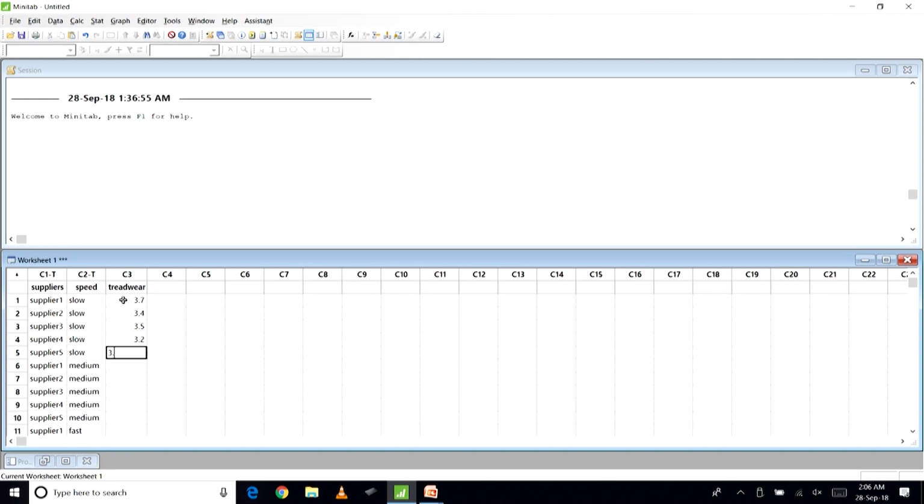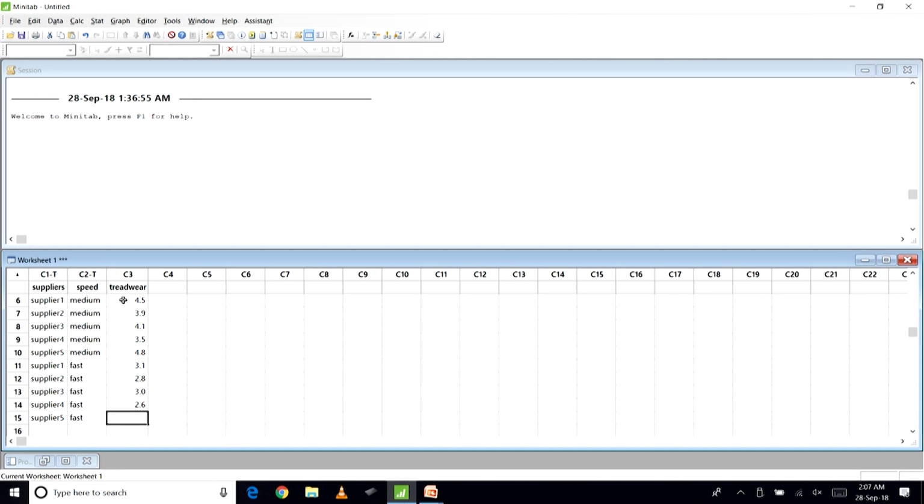Similarly, you are supposed to write for supplier 5 when speed is slow. After entering all these points, we need to enter data for all these suppliers when speed is medium, and after that you need to enter data for all 5 suppliers when speed is fast. So, you have got this data entry done.